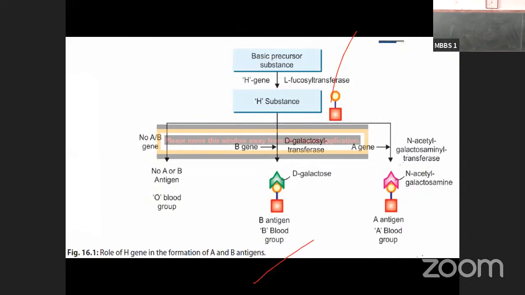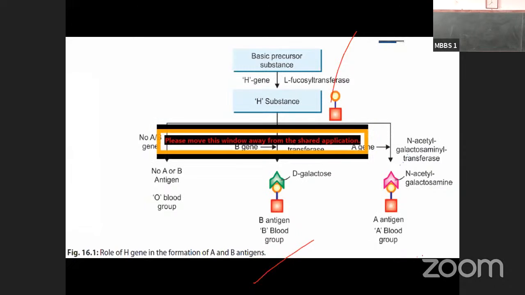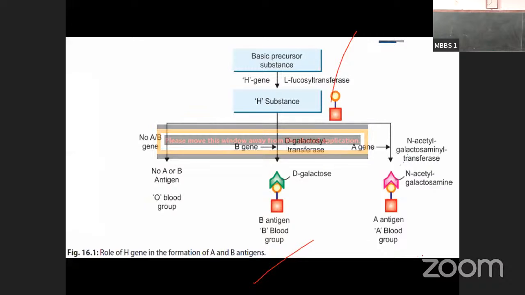Remember, basically a precursor substance is present, and in the presence of the H gene it is converted into H substance. This H substance, with the A gene and B gene, is converted into A antigen and B antigen. But for the O blood group there is no A gene or B gene, so it does not get converted.